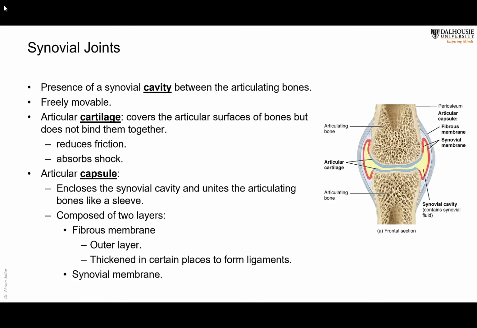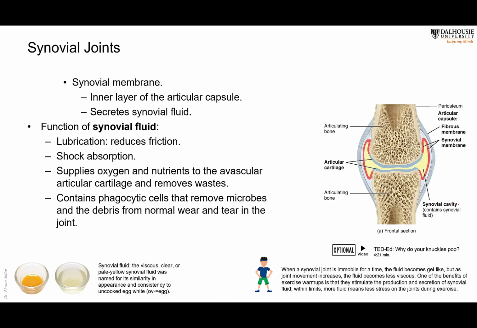And of course there is a space. So that's the capsule, which has an outer fibrous layer. And sometimes it is much thickened to form a ligament. And then the capsule is lined with the red structure, which is a synovial membrane. It is lined with a synovial membrane that produces a fluid called synovial fluid.